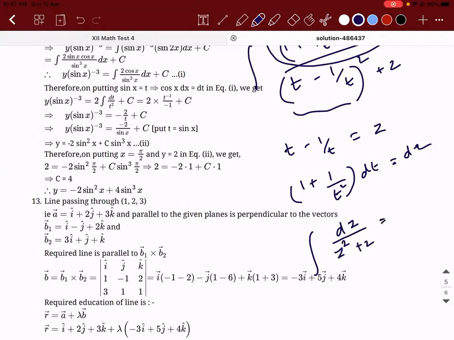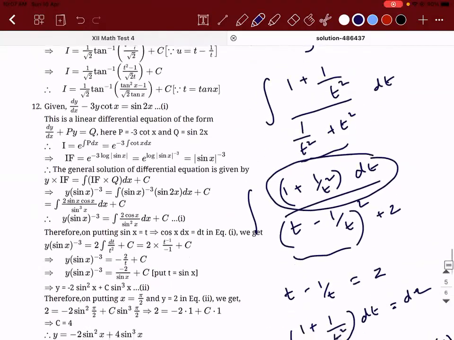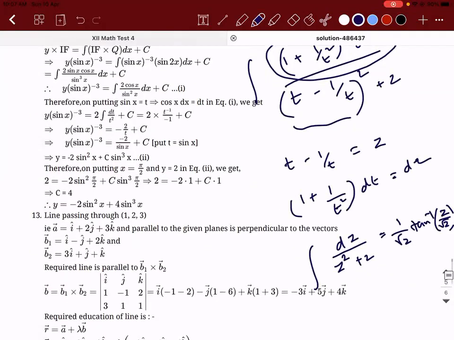Now it is easy. 1 by a square plus a square. So 1 by a, 1 by root 2 into tan inverse of z by root 2. So z by root 2, but what is z again? z is t minus 1 by t, but t is tan x.